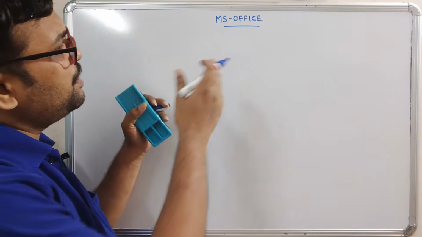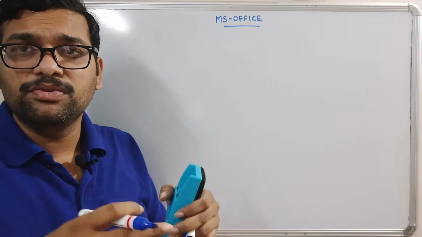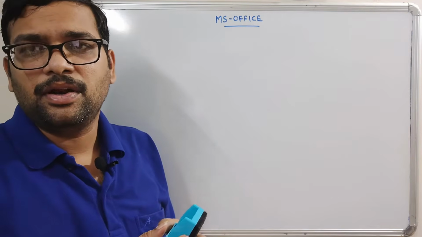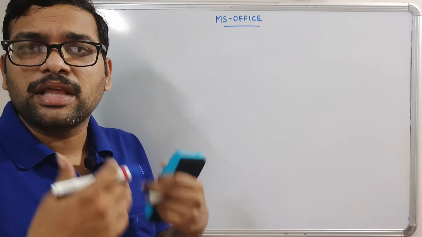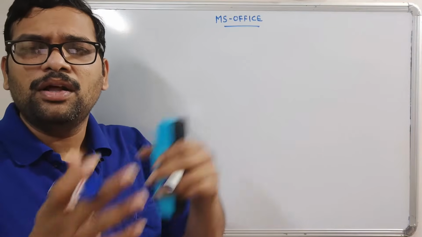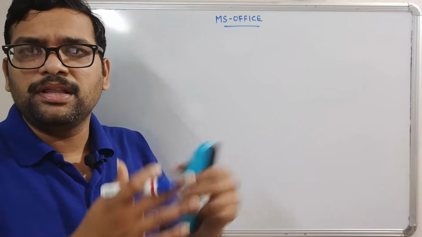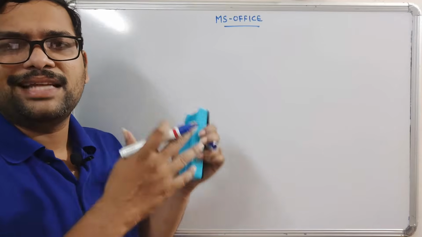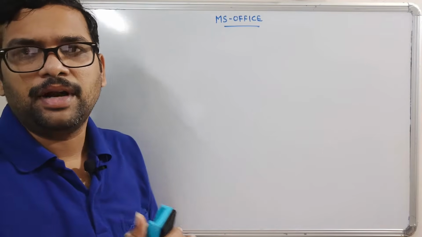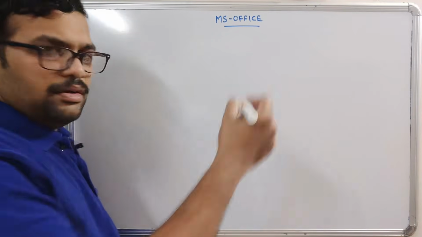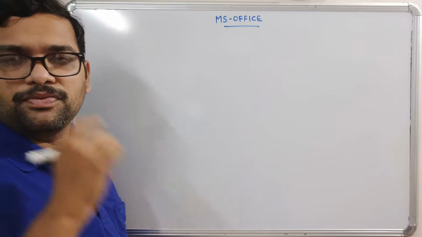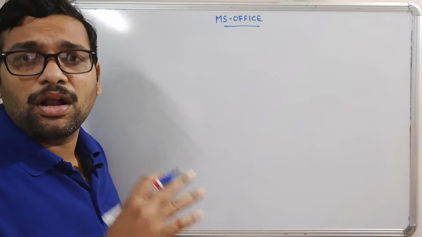As the name indicates, these applications are used for office purposes, right? Students can use them, employees can use them. Anyone who is going to get a job in data entry will find MS Office very useful, right? Now what are the applications available in MS Office? We can call them applications or packages.